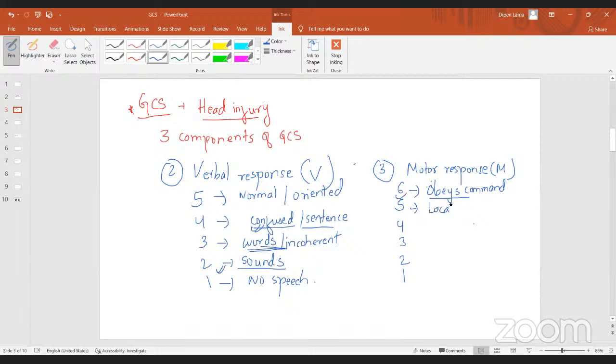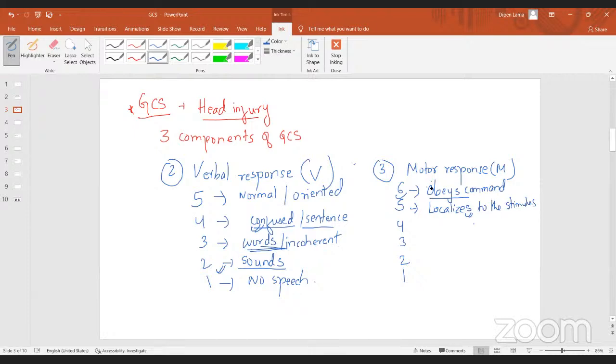Another is 5. For the score 5, localizes. This is very important. If he or she localizes to the stimulus.